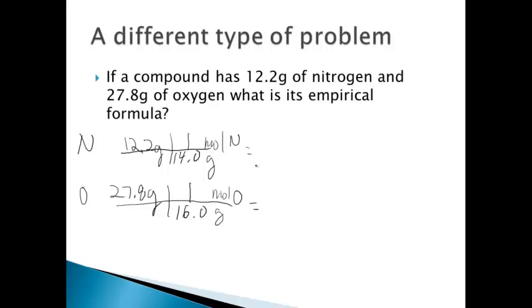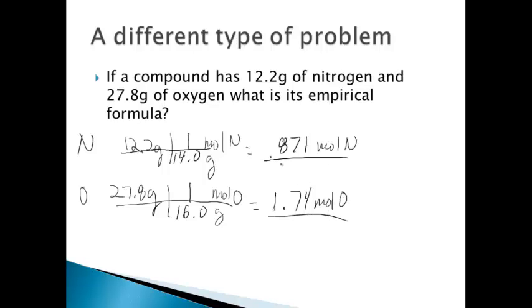Alright, so we got 12.2 divided by 14. This gives me 0.871 moles for nitrogen. 27.8 divided by 16. This gives me 1.74 moles for oxygen.